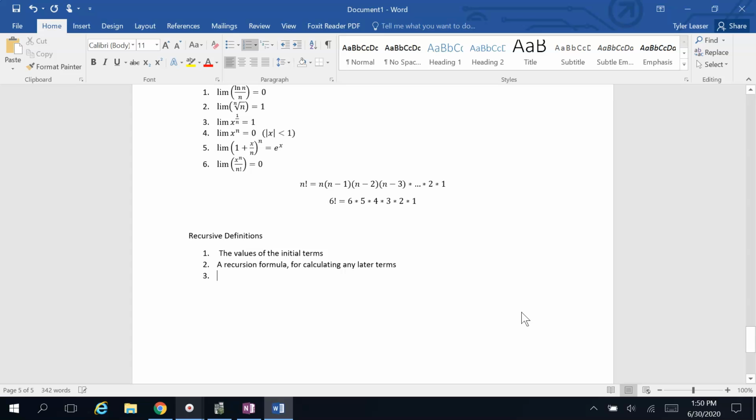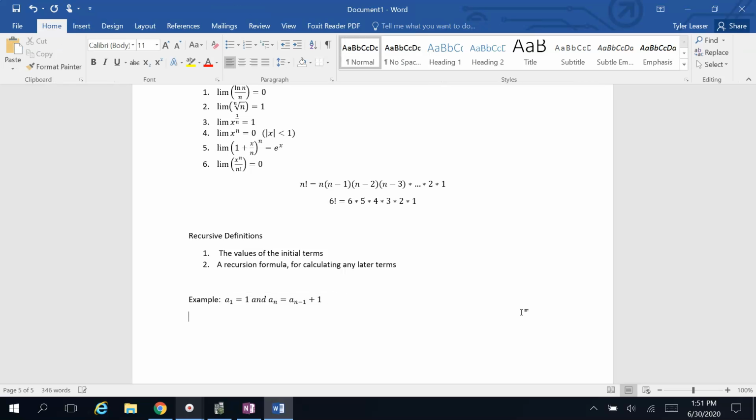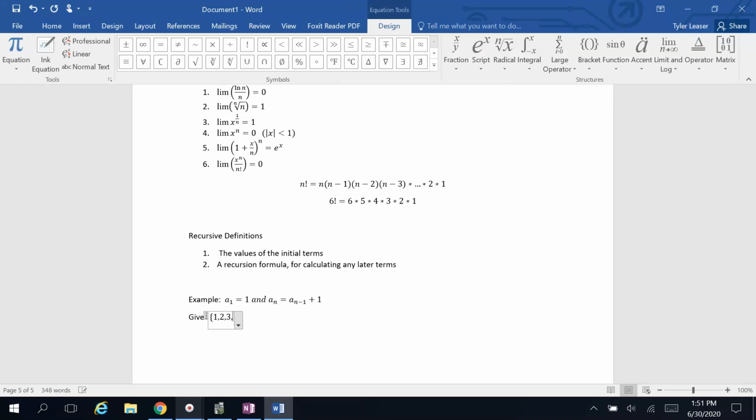So just as an example of a recursive definition, let's say that you're given this: a sub 1 is equal to 1. And a sub n is equal to the previous value plus 1. What this particular example does is give the natural numbers 1, 2, 3, forever and ever and ever.